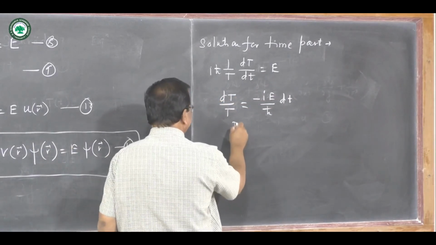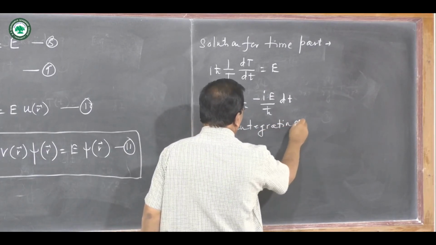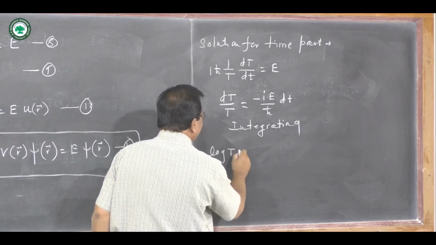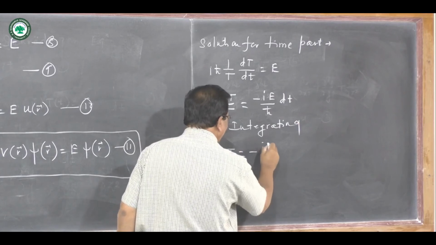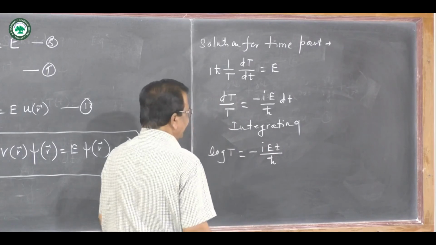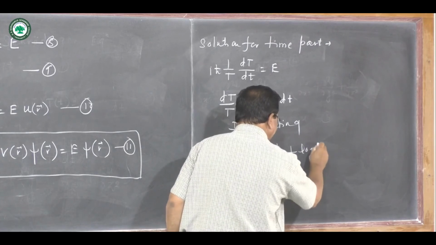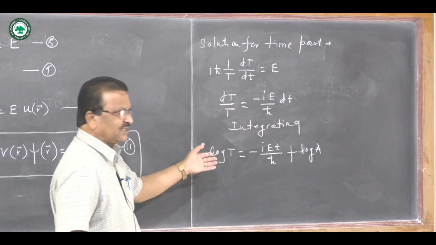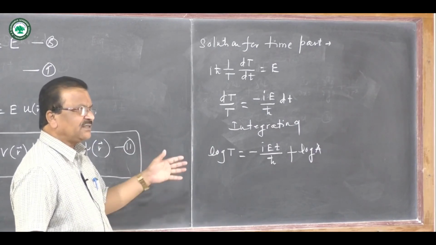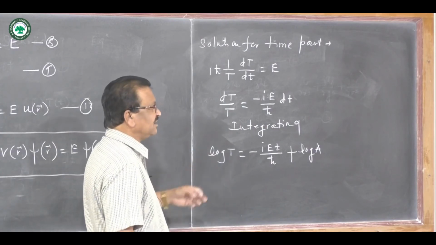Integrating this equation, what we will get is log T equal to minus iEt by h cross, and the constant of integration for convenience is taken as log A. This is actually the natural logarithm, so you have to understand that it is ln and not log to the base 10.